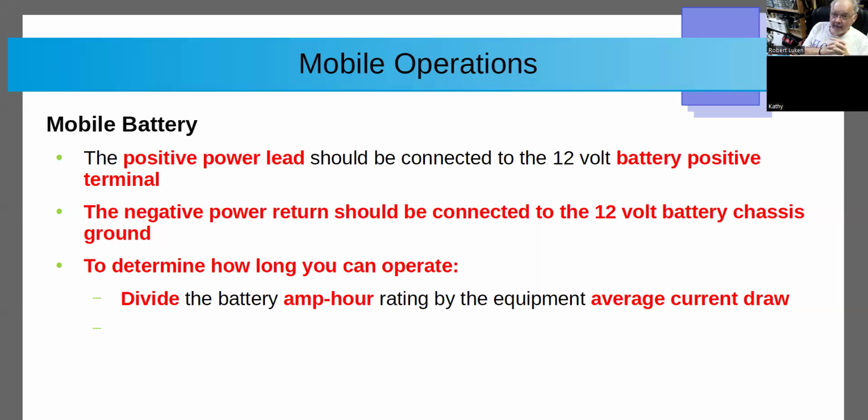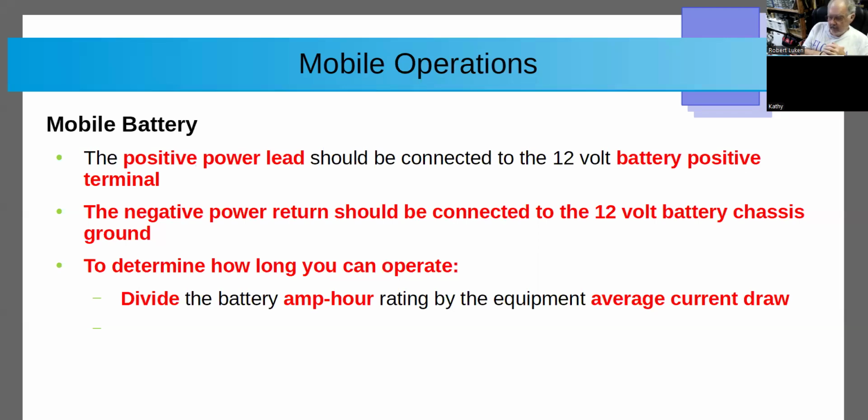To determine how long you can operate off of a battery, say you're doing POTA in a park or QRP or something, you just divide the amp hour rating of your battery, say it's 12 amp hours, by your average current draw, which you have to estimate.